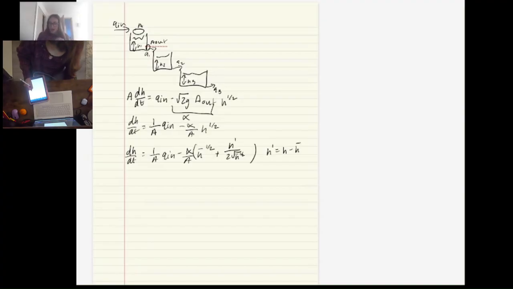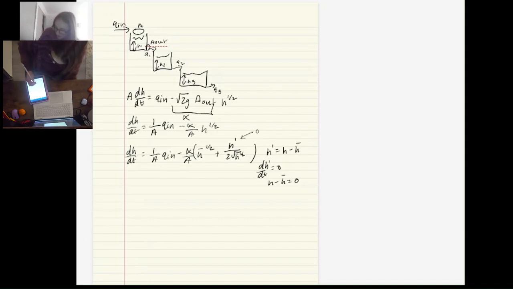Next, what we know is that if dH/dt prime is equal to 0, then h minus h bar is equal to 0 as well, because there is no change. If there's no change in height, they'll be the same, and then this here will equal 0.